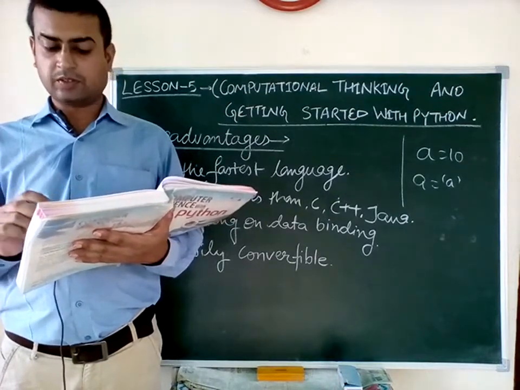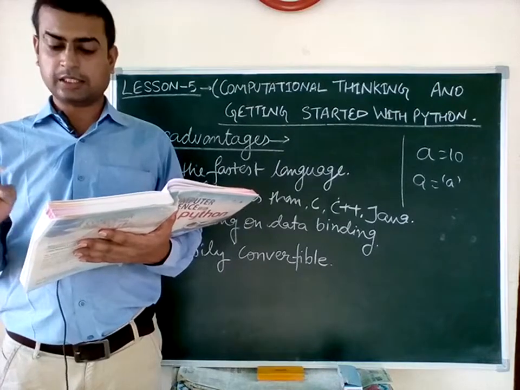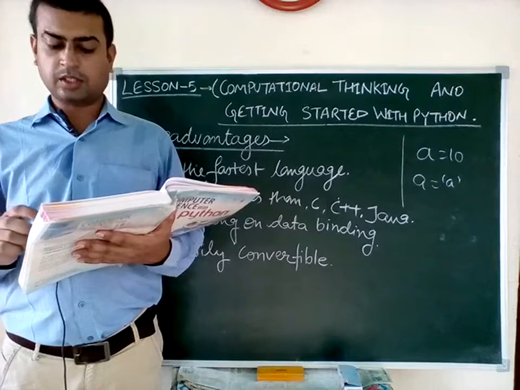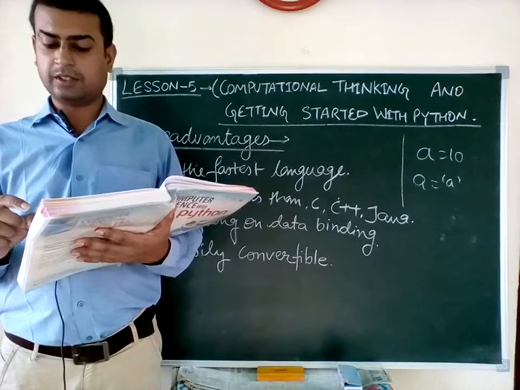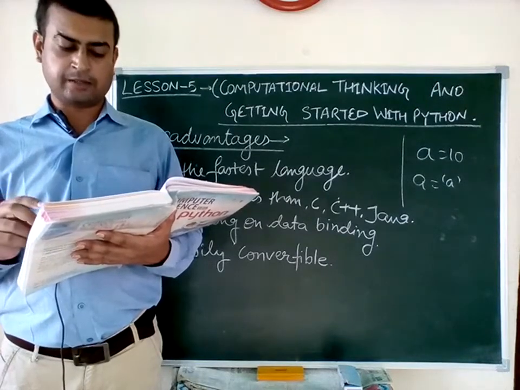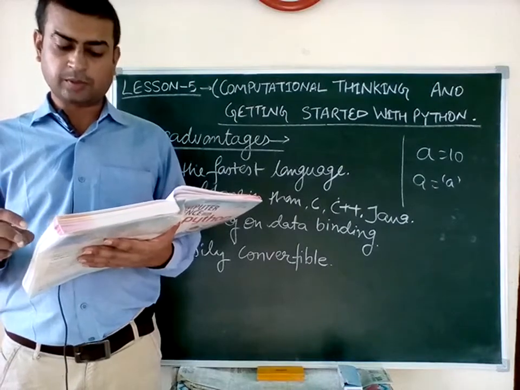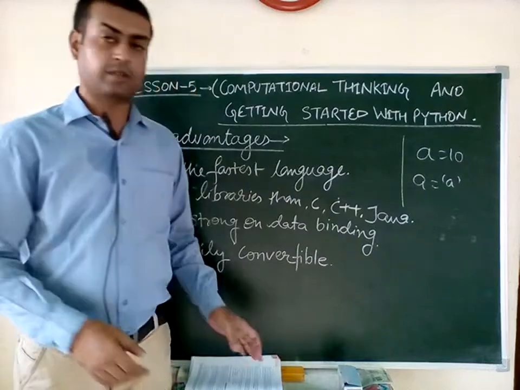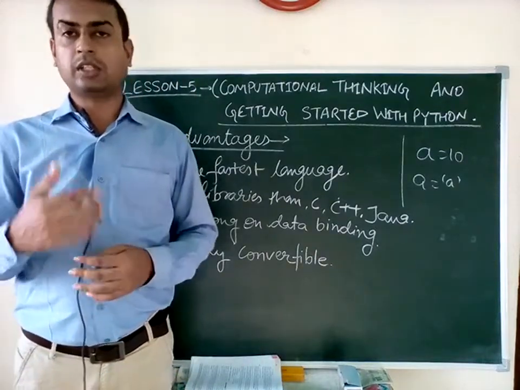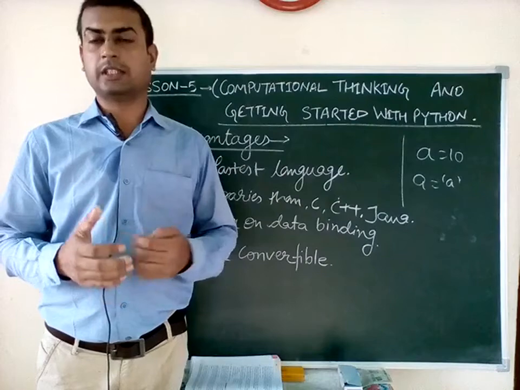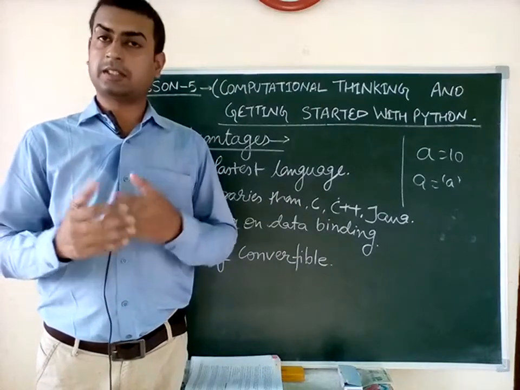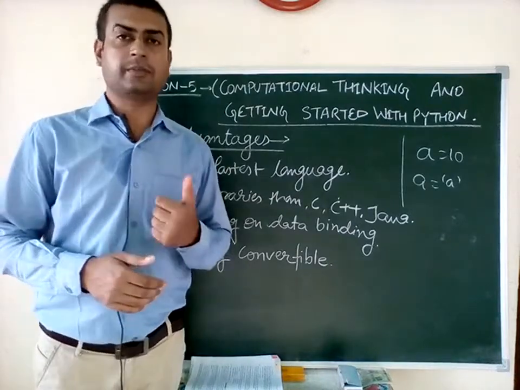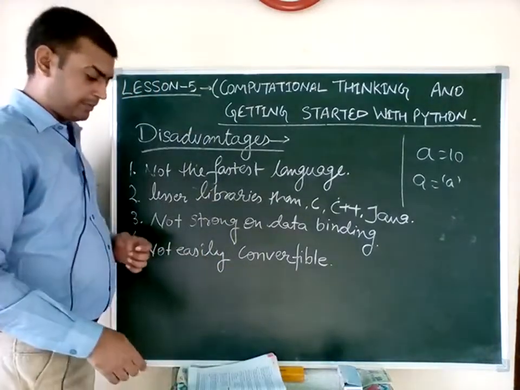It becomes a disadvantage when it comes to translating a program into another programming language. This is because most other languages have a structured, defined syntax. Since most other programming languages have strong syntax, this is the problem with Python, that Python does not have that level of strong syntax, because it can change its value at the time of execution. This is the very big problem.